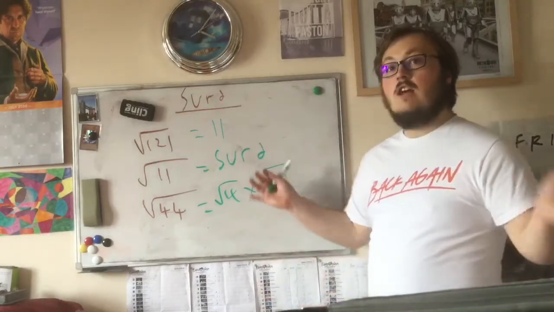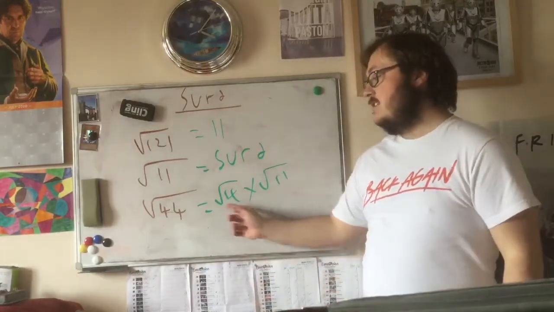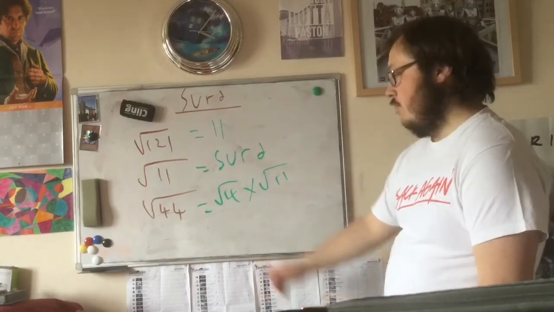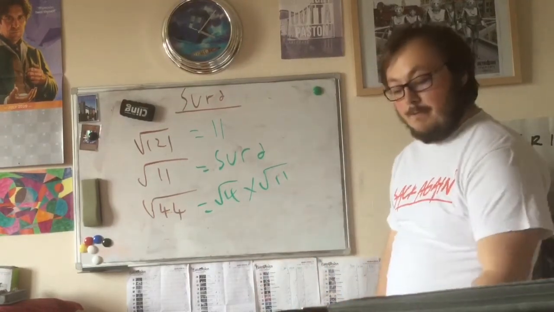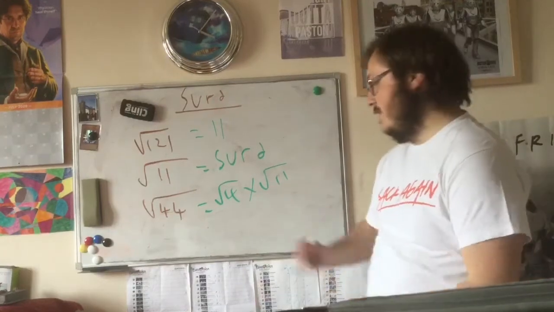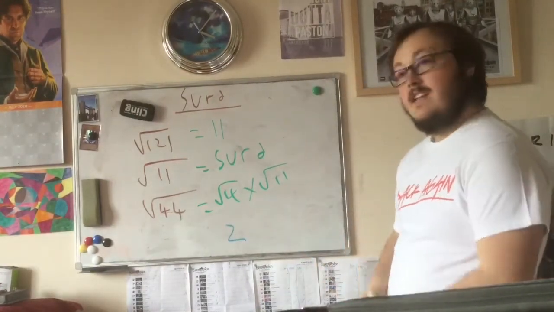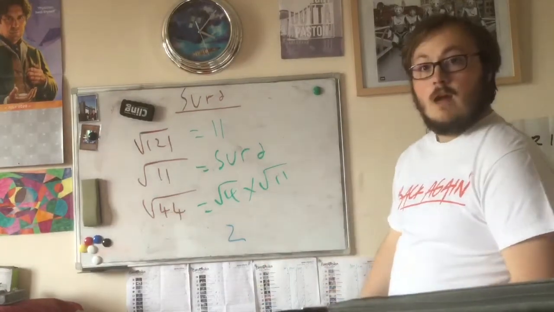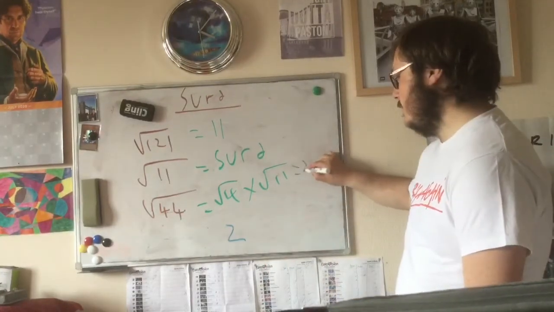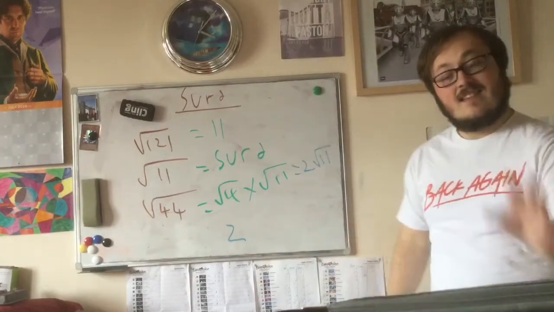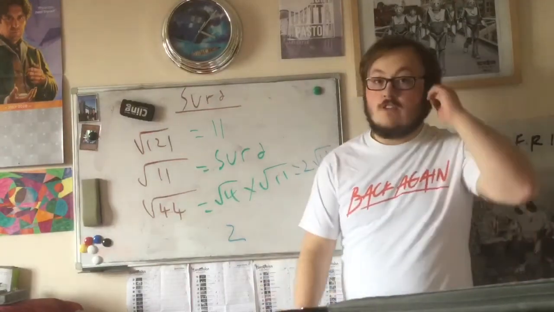If we have two surds being multiplied together, you end up multiplying them as one surd. So root 4 can then be simplified, because root 4 gets us 2, because 4 is a square number. So it's actually 2 multiplied by root 11. And what does that get us? 2 root 11. Still a surd, but it's a simplified version of that.